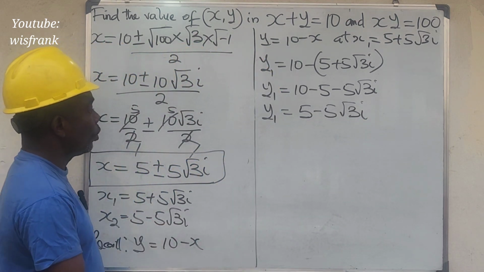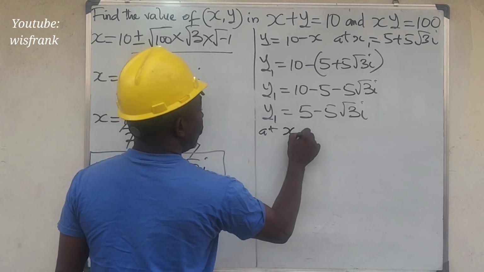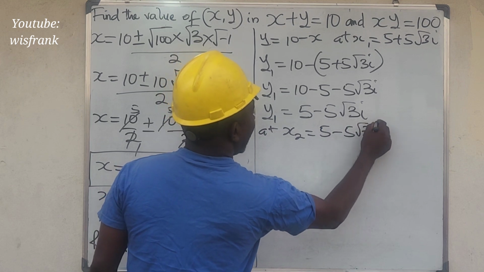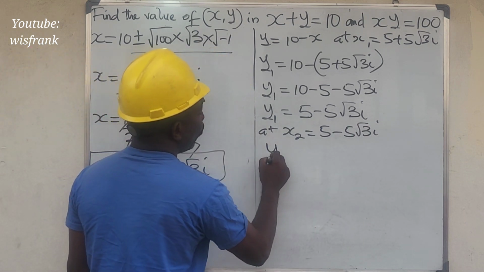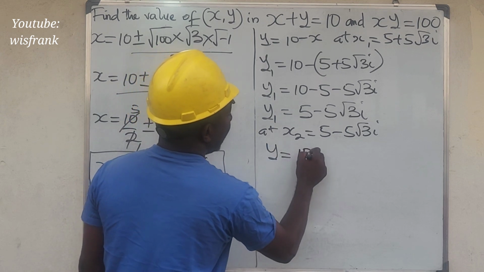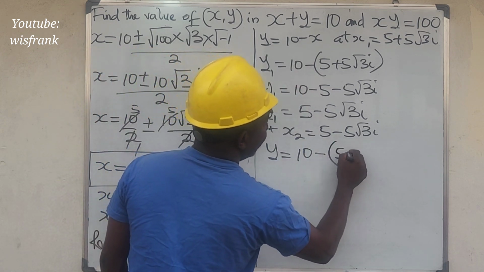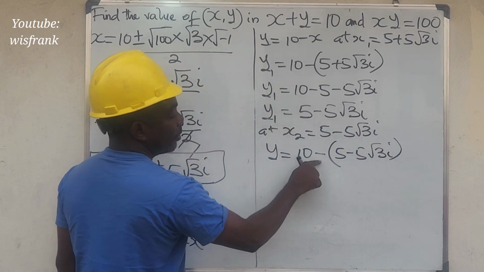Let's look at y2 that we have from this equation. At x2 equals 5 minus 5 root 3i, taking this other one. So from here we have y equals 10 minus x. Then our x here is 5 minus 5 root 3i. So doing, we can expand this.